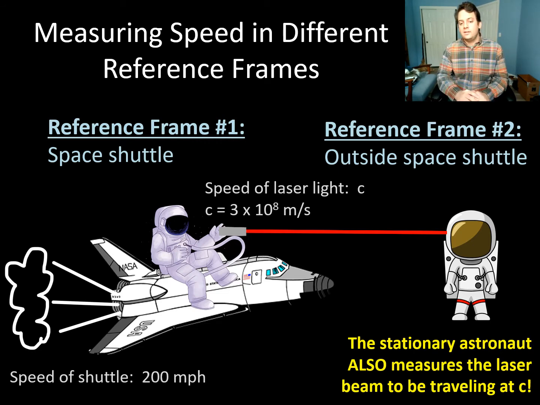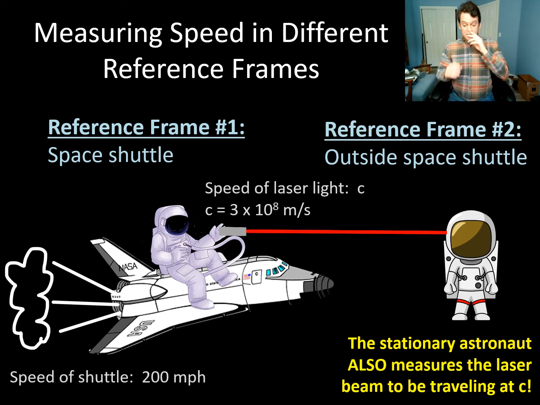Because what we call the classical or the Galilean addition of velocities, or Galilean relativity, is just common sense, where you add velocities like the baseball with the space shuttle. It doesn't work when things are moving near the speed of light.